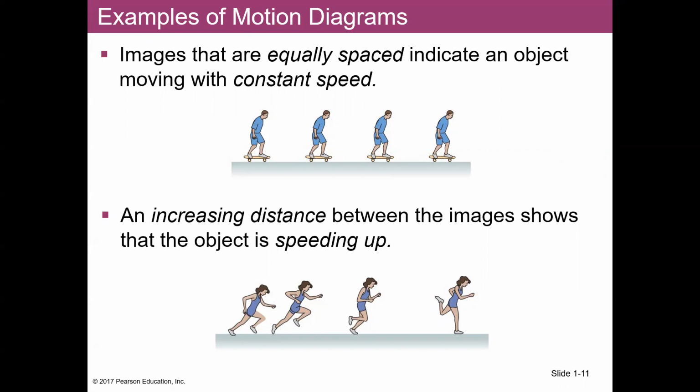So increasing speed would be where the distance between successive images of the object gets further and further apart. And so obviously we see here that the runner is increasing speed, with the distance between successive images being larger.